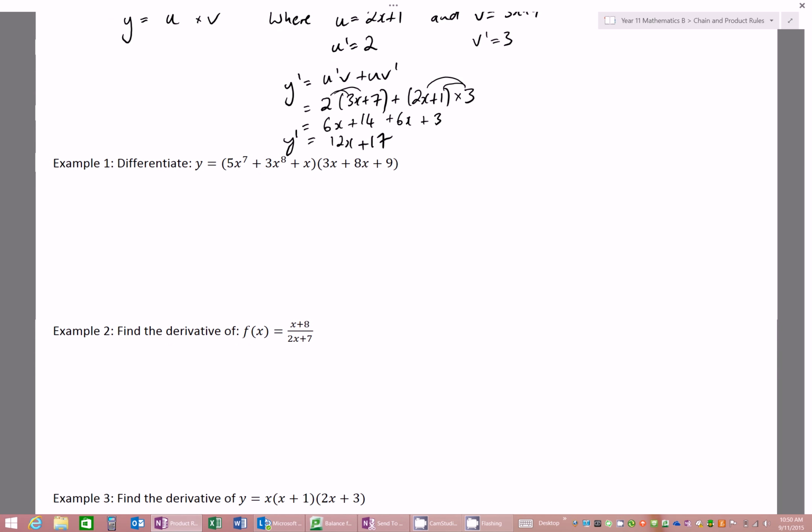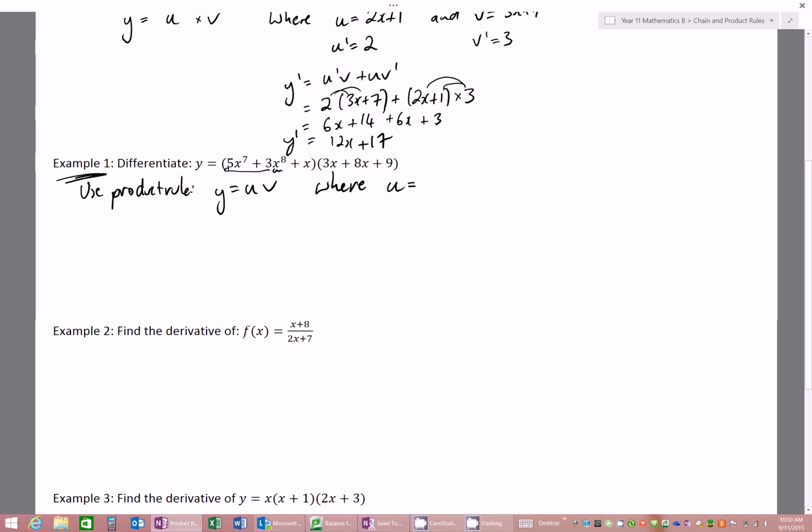So example 1, differentiate this function. We've got 3 terms here and 3 terms here. Sure, we could do expansion. 1, 2, 3, 1, 2, 3, 1, 2, 3. Okay, the expansion gets really messy. We'll have heaps and heaps of terms. Instead, I'm going to use the product rule. y equals u times v, where u equals the first function.